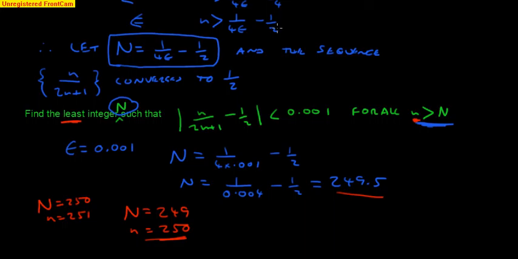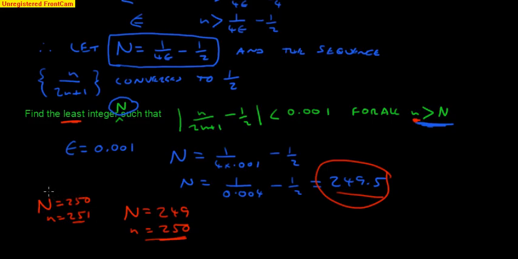So little n must be bigger than this value here. And we want the least one, so we have to go for that. And that capital N then must be 249, so that little n can be bigger than that, at its smallest value. You just got to be careful you get exactly the right one that's the least integer.